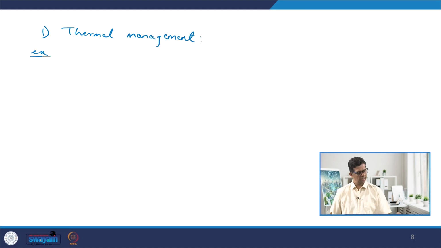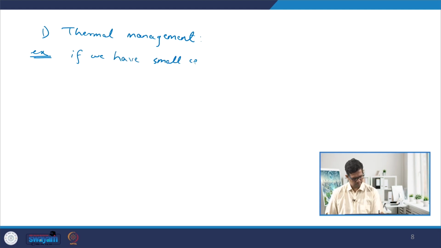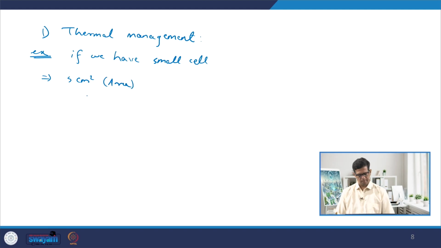So let me take an example again. Let's say we have a small cell, say 5 centimeter square, this is the area, and it's producing electrical output.